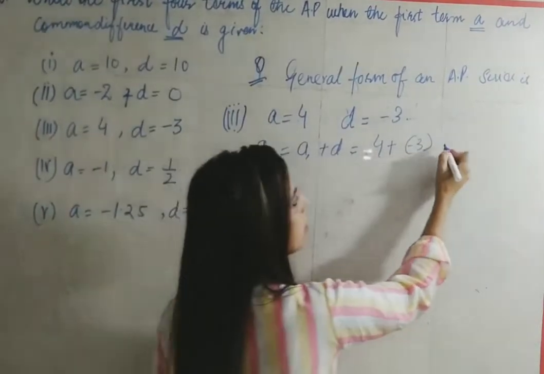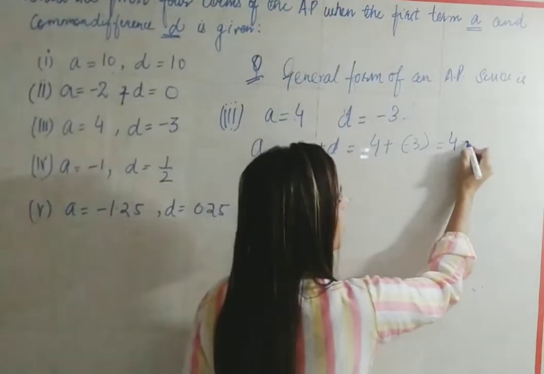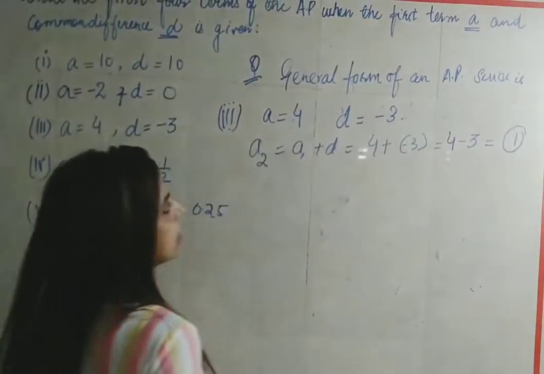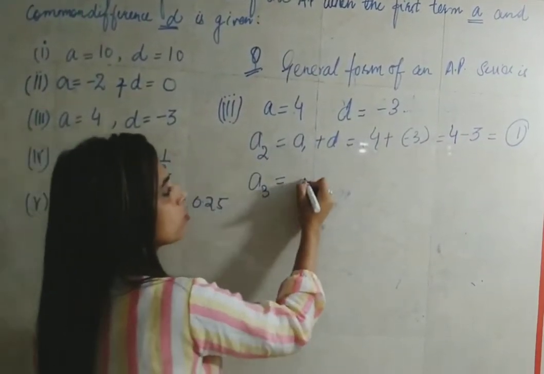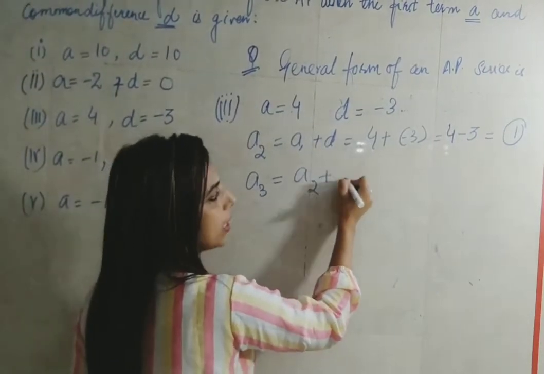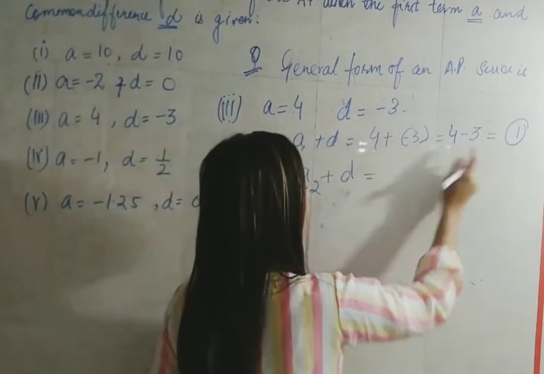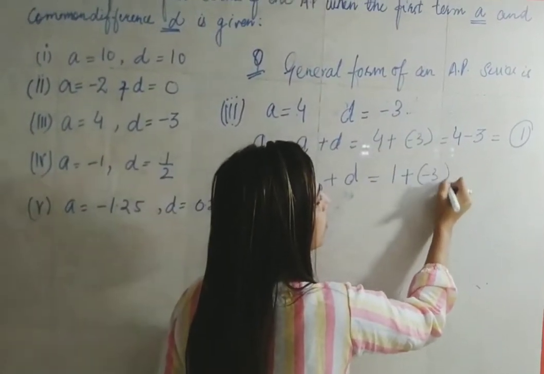Now here it will become 4 plus minus 3, which is equal to 1. So this is A2. Now A3 will be equal to A2 plus D, where A2 is equal to 1 and D is equal to minus 3.